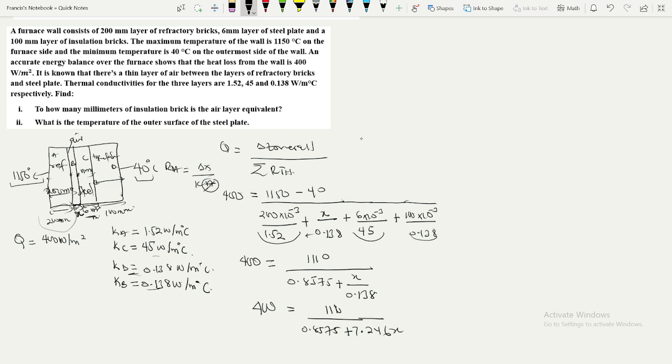We are just making x the subject. So 0.8575 plus 7.246x should be equal to 1110 over 400.